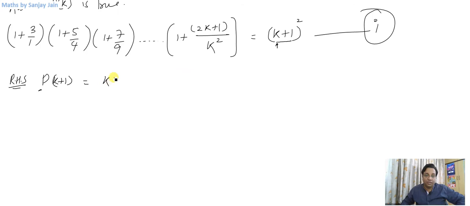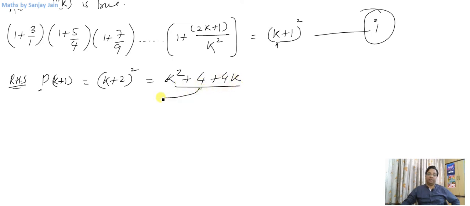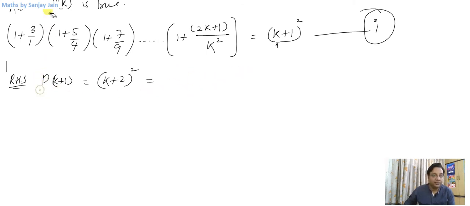So I am looking for k plus 2 whole squared on the right hand side. So if I get some expression like k squared plus 4 plus 4k, it will be okay, right? Because this is what I am looking for, P of k plus 1 on the right hand side. And what is the left hand side that I'll be working on to obtain this?